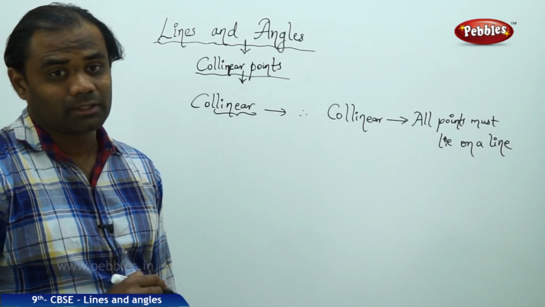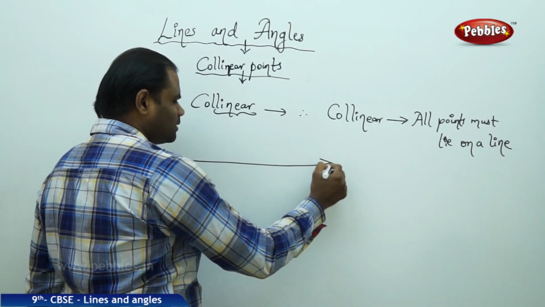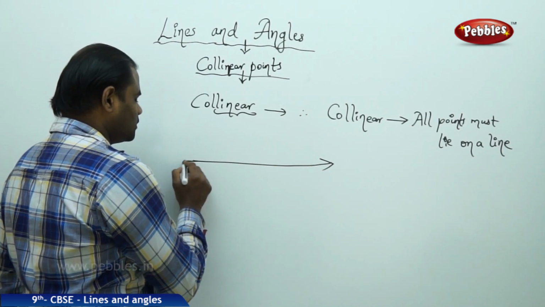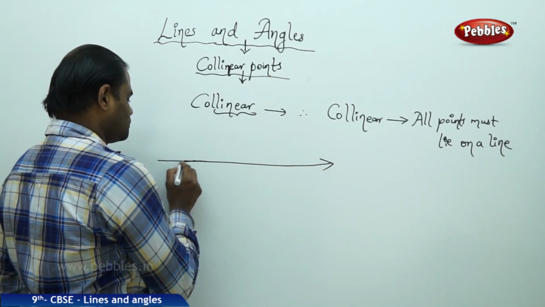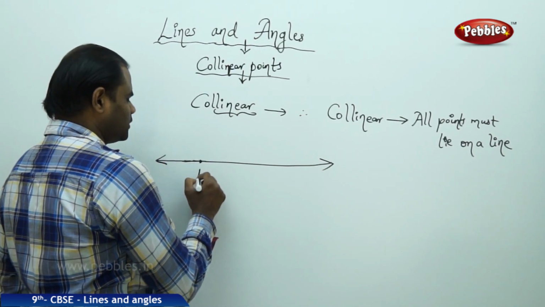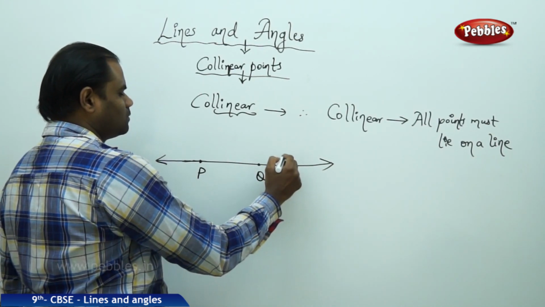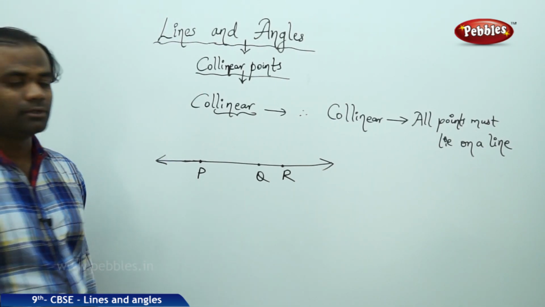Then only we say the points are collinear. Say for example, I have a line, or this is a ray in which I have 3 points P, Q and R. Let's see if they are collinear.